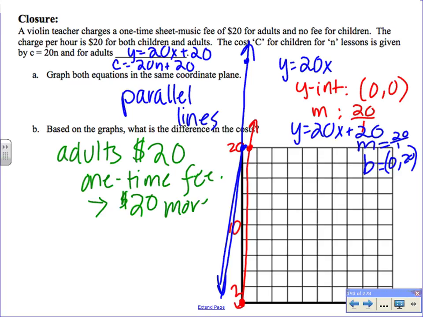But each lesson costs the same. So they have the same fee for each lesson, but they have to pay a one-time fee of $20. It's the only difference. And that makes our lines parallel, and all they have are different b's or y-intercepts like you guys were telling me before. Any questions?